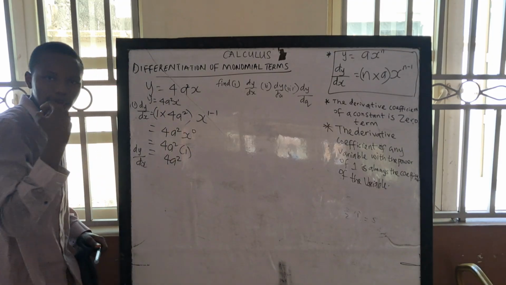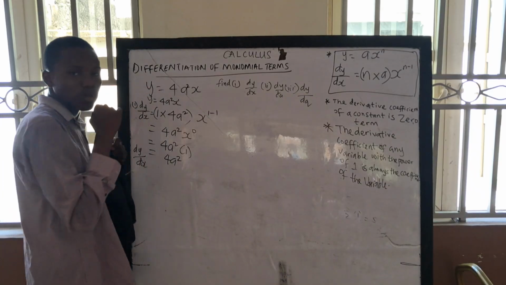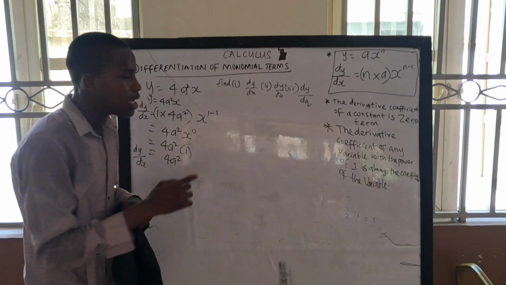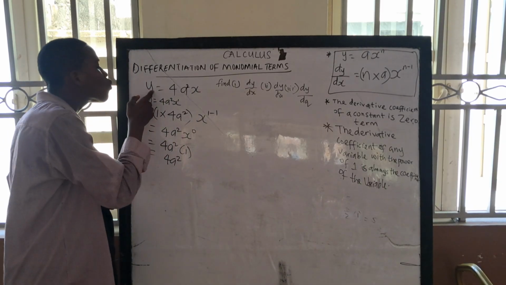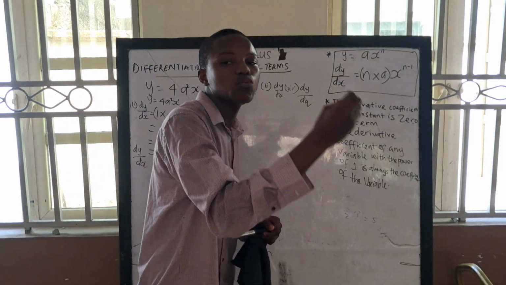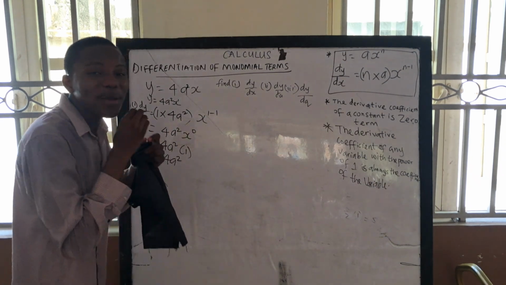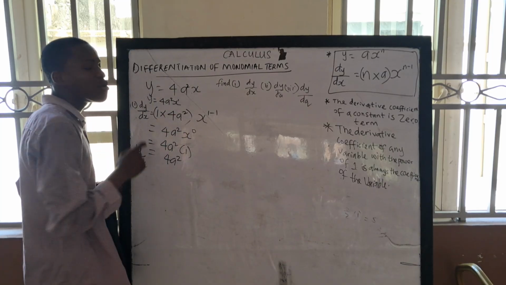That means if I differentiate y with respect to x, it will give me 4a squared. Let me reiterate what I just said. I'm differentiating y with respect to x, and the power of my x is 1, because the variable I'm differentiating with has a power of 1. That means my differential coefficient will be the coefficient of the variable.